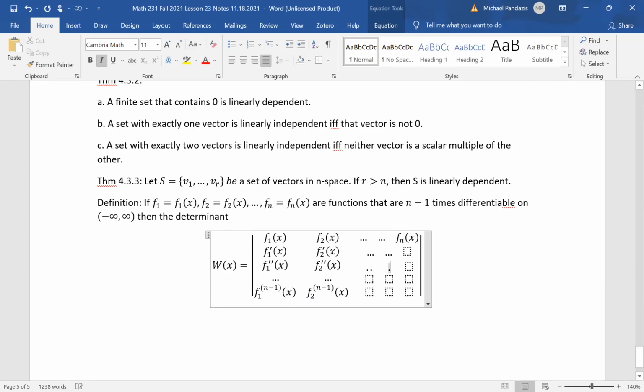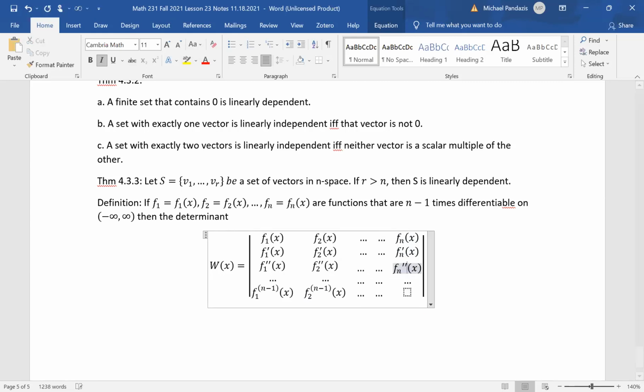Then f sub n of x prime, and f sub n of x double prime.